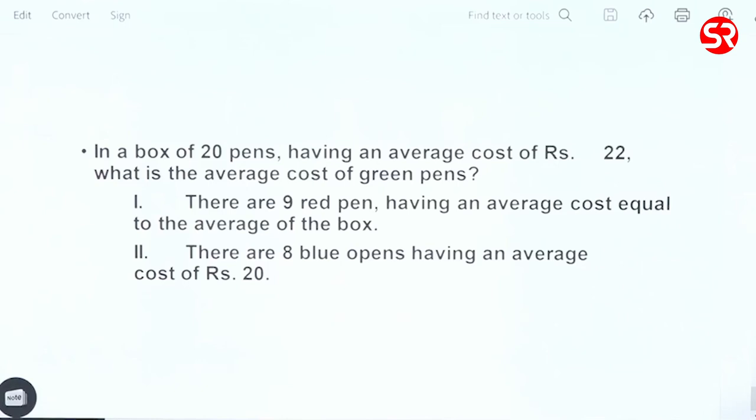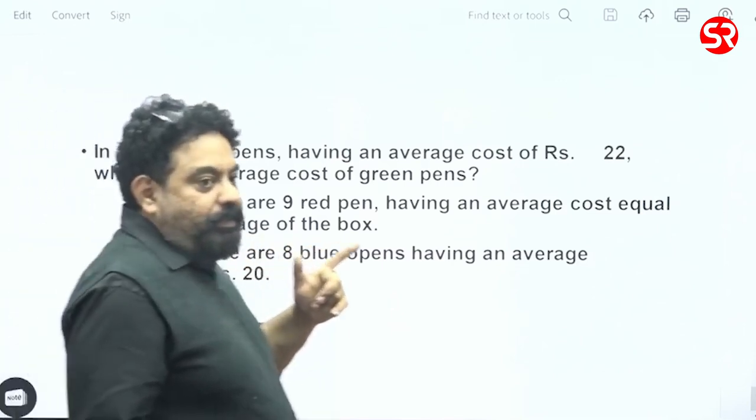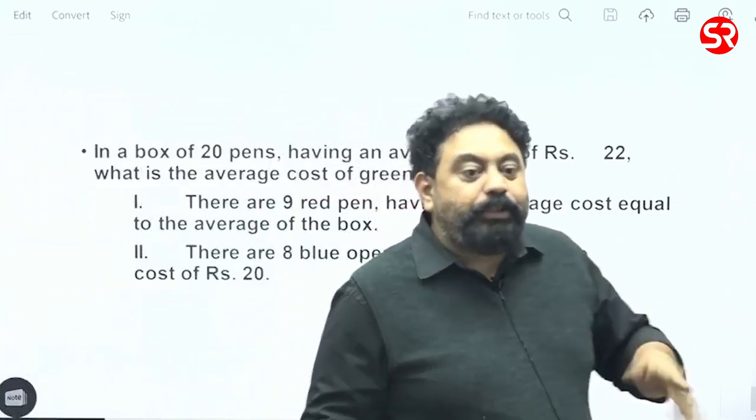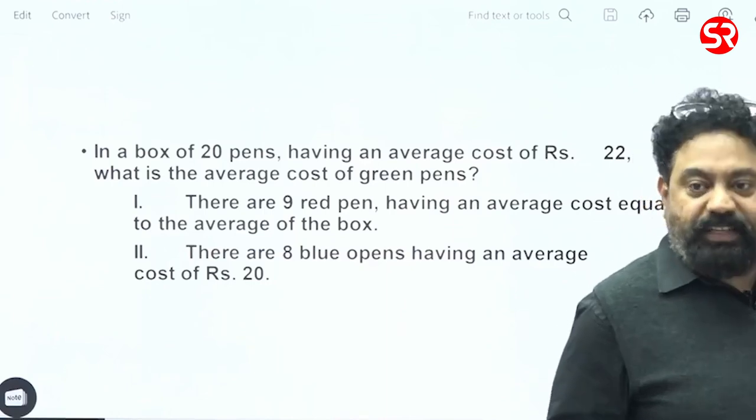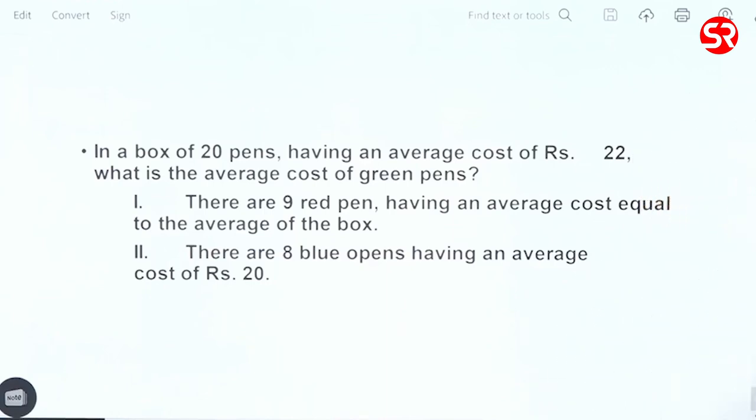Statement 1, in a box of 20. Read it well, there is a habit in a lot of students that you read so fast that you ignore. Don't do it in CSAT, right? So it is very clear: in a box of 20 pens having an average cost of 22, what is the average cost of green pens? The average cost of green pens is asked.